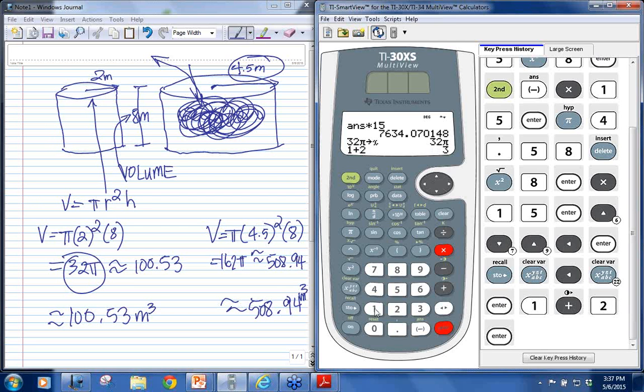Now we have to recall a specific value. So what you can do is press the number 3, and then you can press the variable symbol.